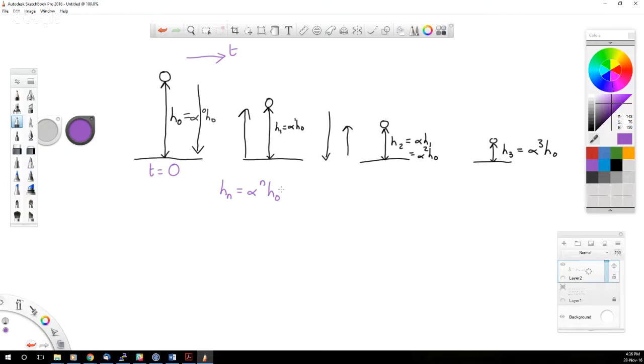And we're told that we want to show that it's the same as h0 e to the power of cn. So cancelling out the h0s, we get alpha to the power n equals e to the power of cn. So we can rewrite that as alpha to the n equals e to the c, all to the power n. Alpha is e raised to the power c. Take natural logs of both sides.